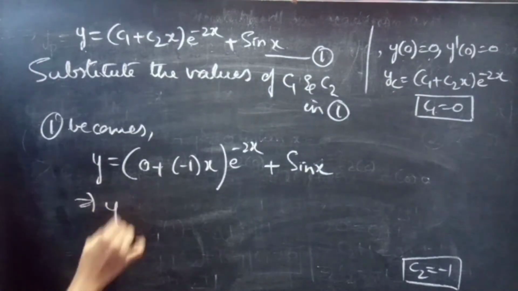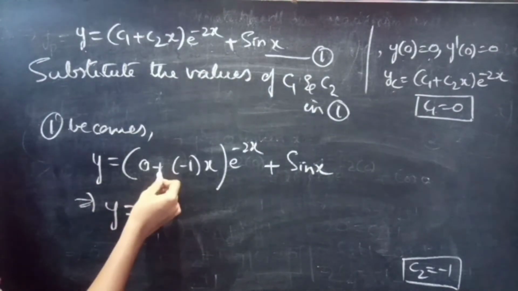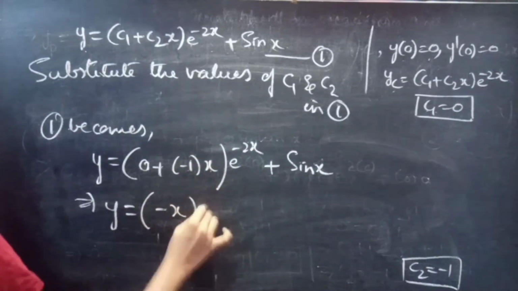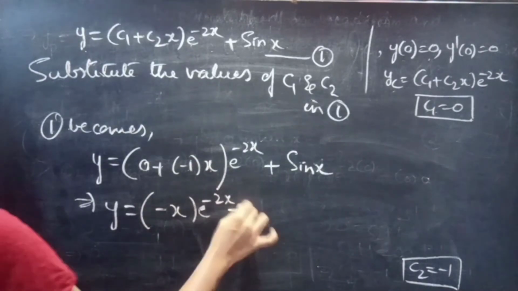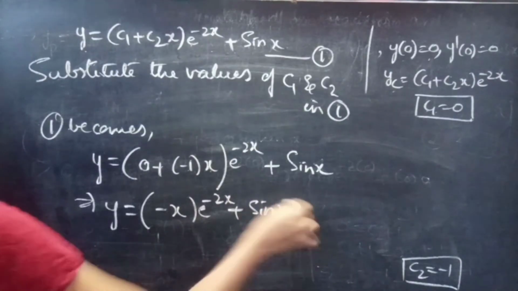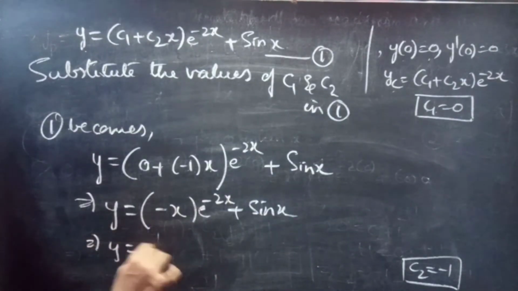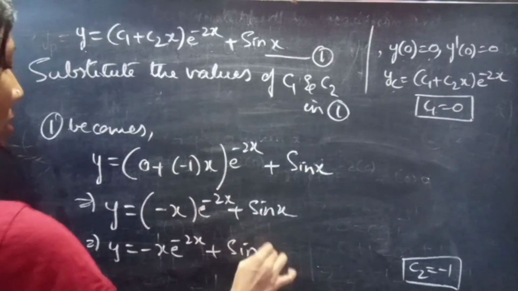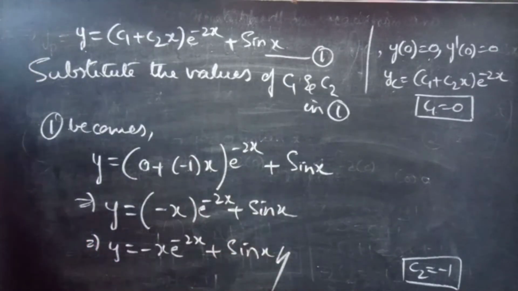Then y equals to 0 plus minus x into e power minus 2x plus sin x. Then y equals to minus x e power minus 2x plus sin x is the required solution.